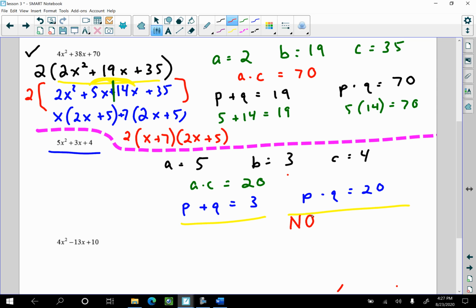If you have a quadratic and you cannot find the P and the Q, 100% of the time, you can say the quadratic is prime. And so that's a prime because P and Q do not exist.